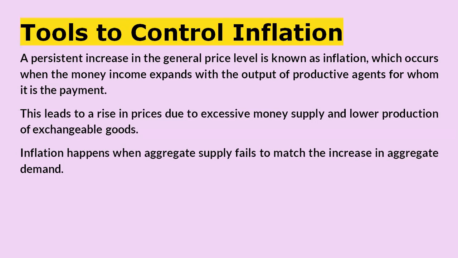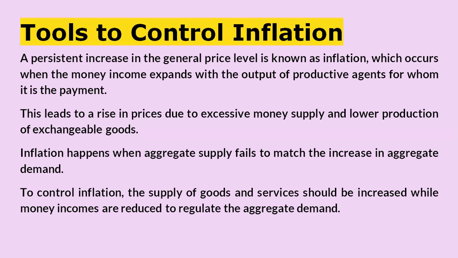Inflation happens when aggregate supply fails to match the increase in aggregate demand. To control inflation, the supply of goods and services should be increased, while money incomes are reduced to regulate the aggregate demand.